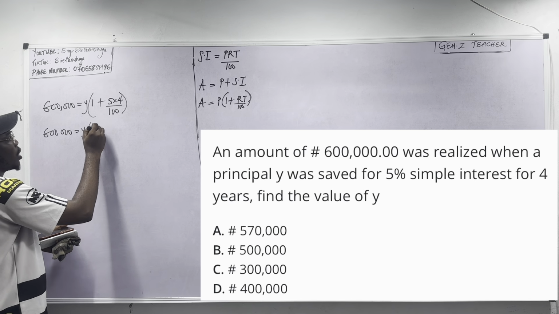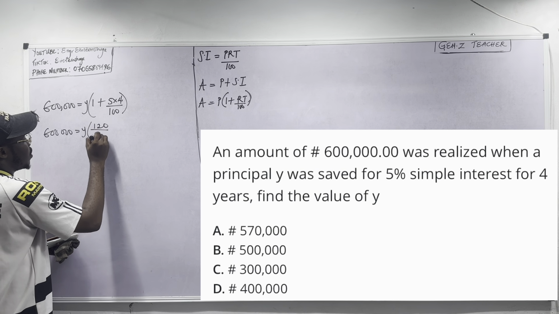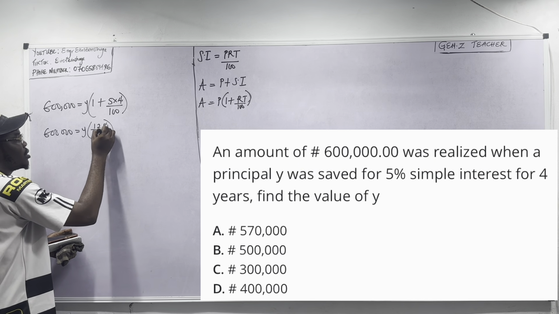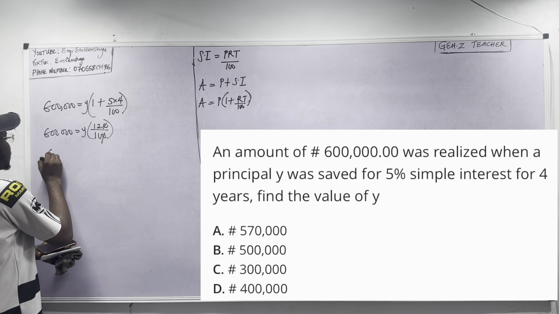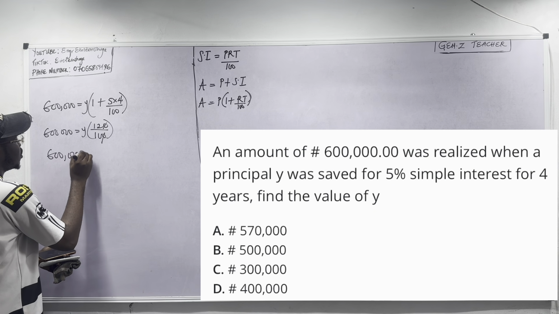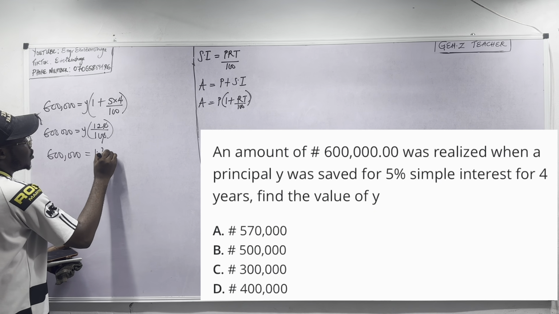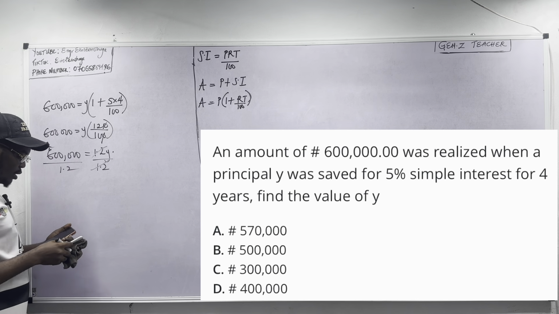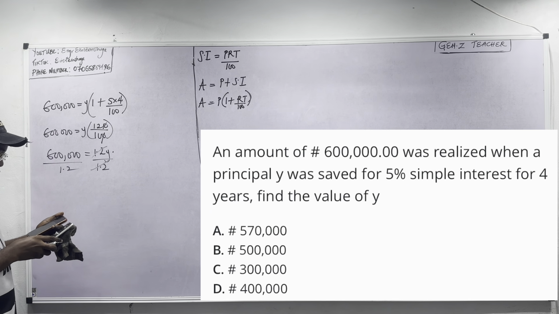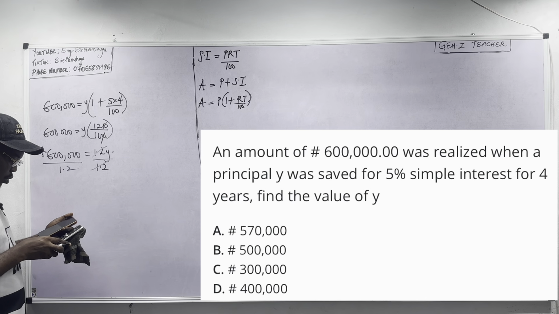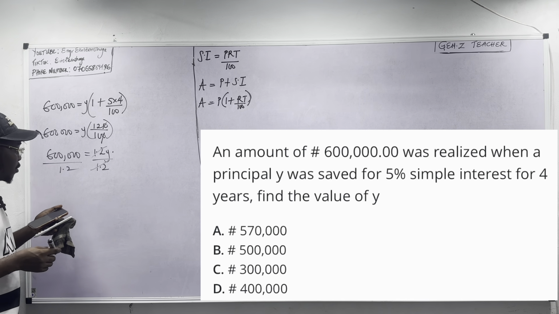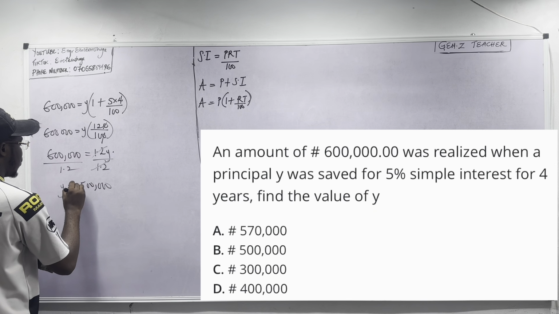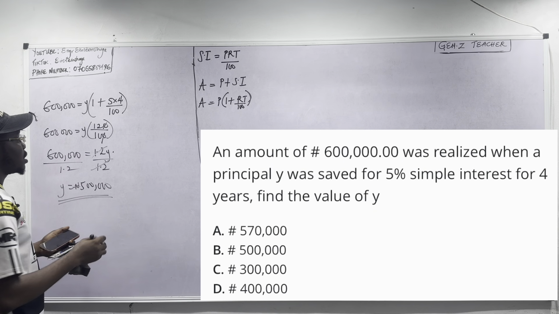This is 20, so we have 120 over 100 on this side. Okay, quickly 0 can take out 0. And then we have 600,000 equals 1.2y. So divide both sides by 1.2. 600,000 divided by 1.2 should give you 500,000. So the answer should be 500,000 naira.